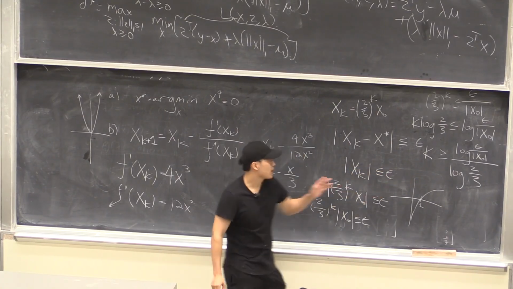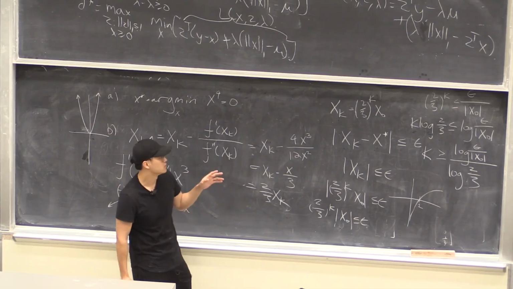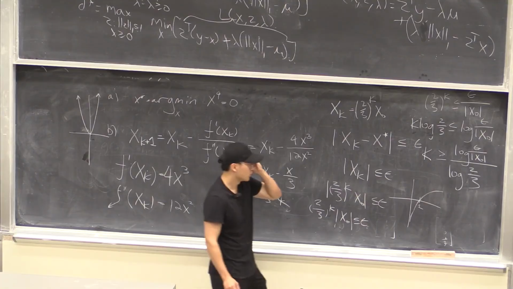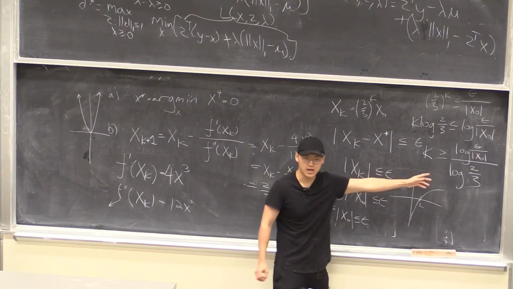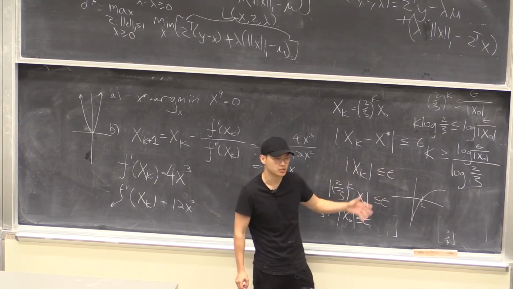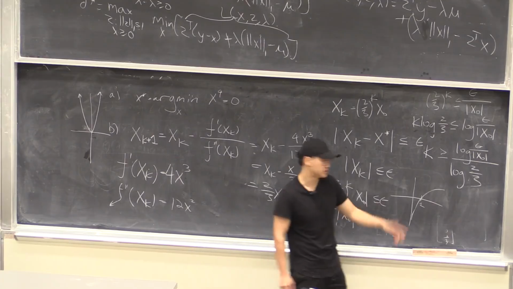So now we figure out that k has to be greater than this value. The question asks, what's the minimum number of steps it takes for us to get within this distance? So this right here could be not an integer, right? We want to make sure it's an integer because when you run the algorithm, it's a discrete number of steps.